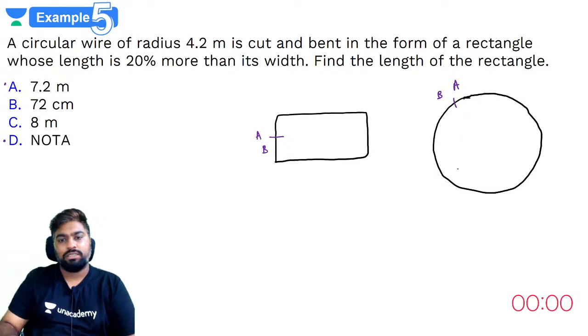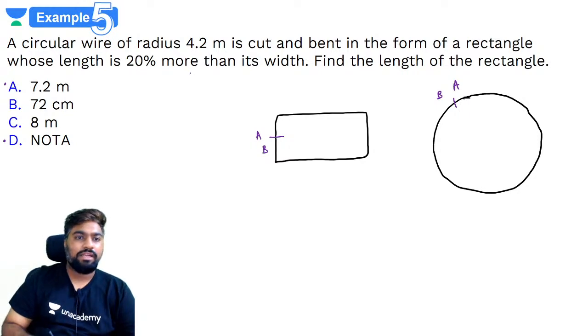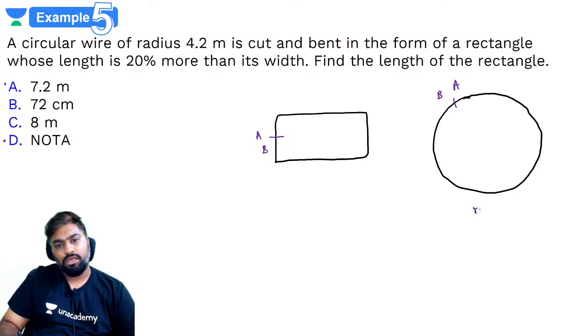So what do you get here? Circumference. Here we've been given the radius is 4.2 meters. So what is your circumference? 2 times pi times r. So split pi: 2 into 22/7 into 4.2.